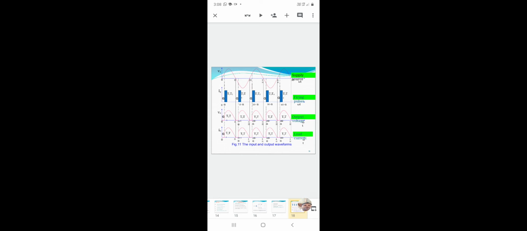The output voltage is in the same form as the output current for a resistive load. During the positive half cycle, T1 and T2 are forward biased and T3 and T4 are reverse biased. So T1 and T2 start conducting, meaning short circuited, and T3 and T4 are open circuited.